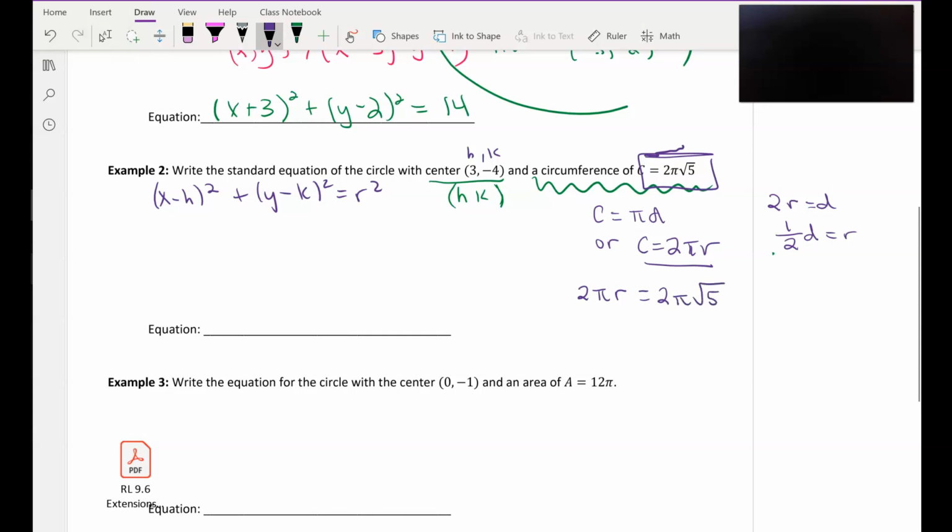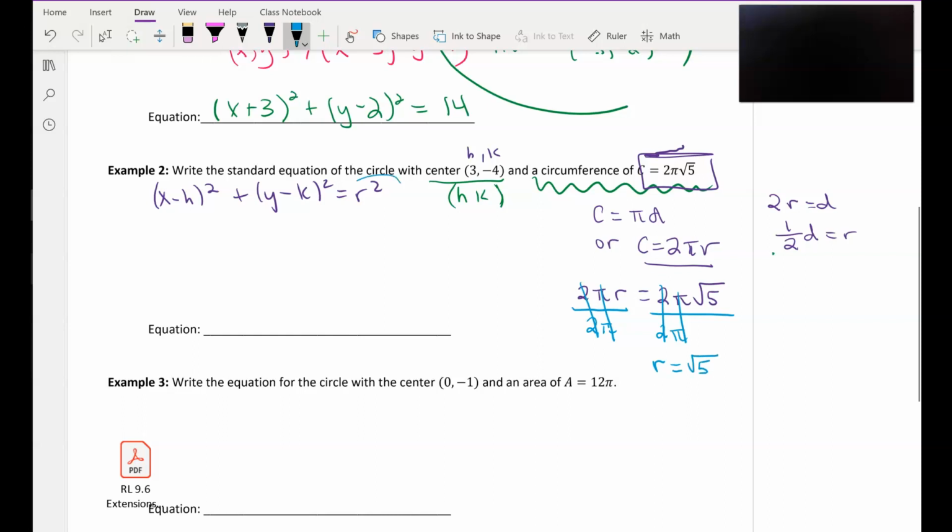Now our goal is to solve that for the radius, which I can do by dividing the left side by 2 pi, and whatever I do to the left side, I do to the right side. And 2 pi divided by 2 pi is just 1. So when we solve this, we get that the radius equals the square root of 5.